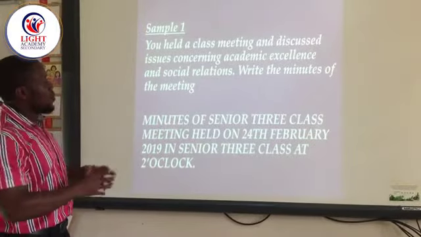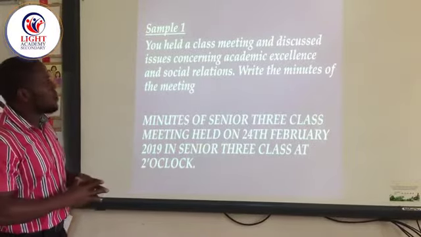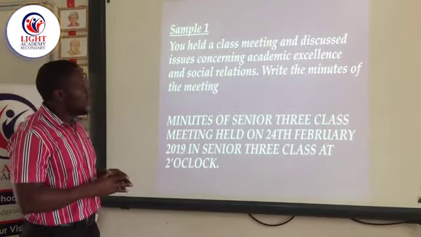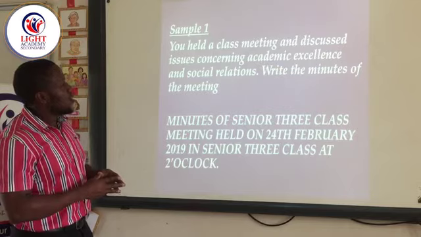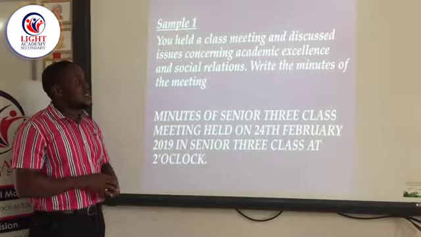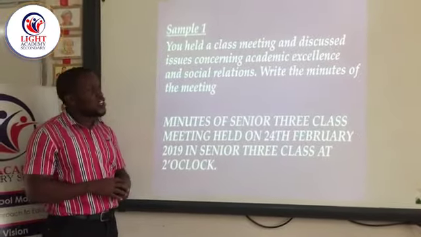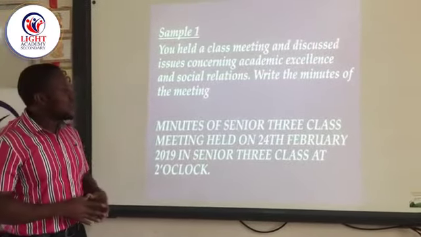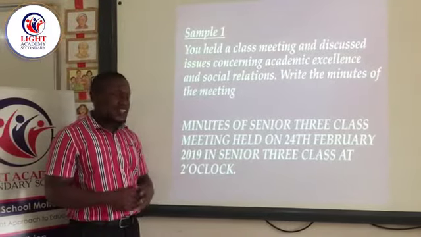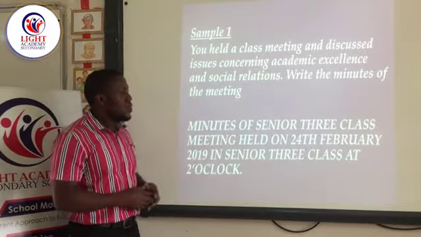I actually have a sample for you here, and the question is, you held a class meeting and discussed academic issues. You discussed issues concerning academic excellence and social relations. Write the minutes of the meeting. Like I had said, it must capture the title. So here is our title.